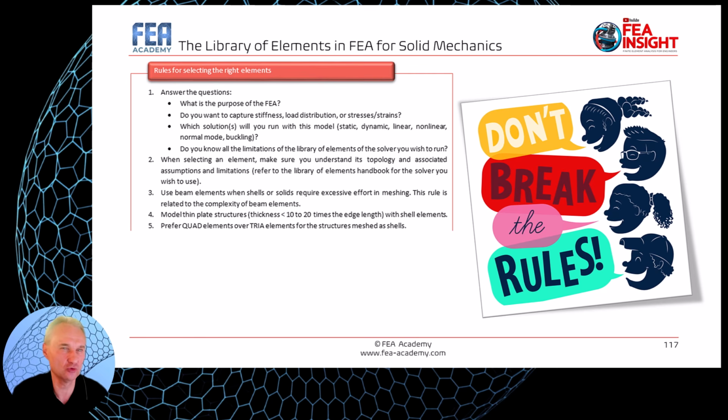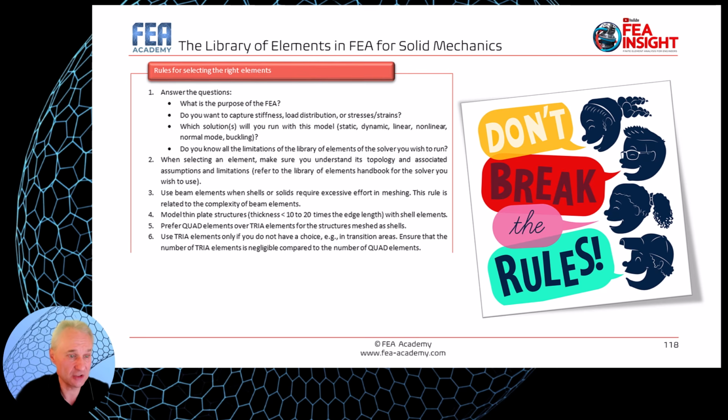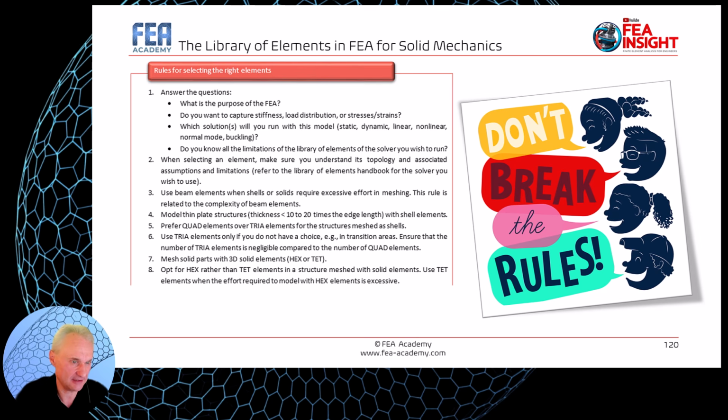My rule of thumb is less than 1% of the total number of tria elements for the complete model. Use tria elements only if you don't have a choice, okay? And make sure, as I said before, that the number of tria elements is negligible compared to the number of quads. Mesh solid parts in 3D solid elements, the hexes or the tets.